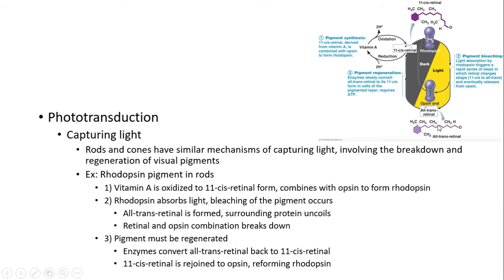It becomes unbound, and we get the breakdown of the actual pigment itself. For step 3, pigment must be regenerated. So the enzymes, these enzymes in the pigment cells, convert all-trans retinol back to 11-cis retinol, right? And then 11-cis retinol is rejoined to opsin to finally regenerate our pigment, which is rhodopsin.